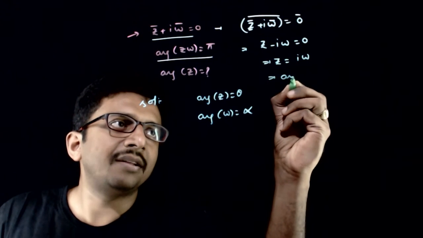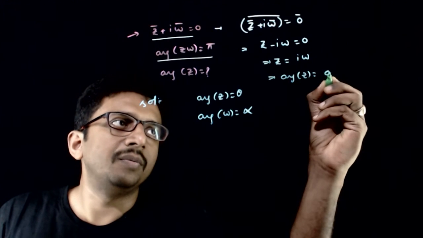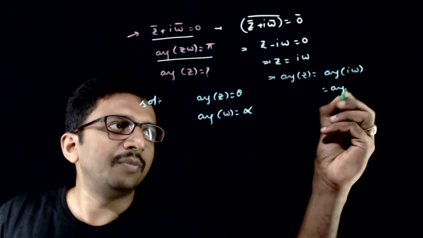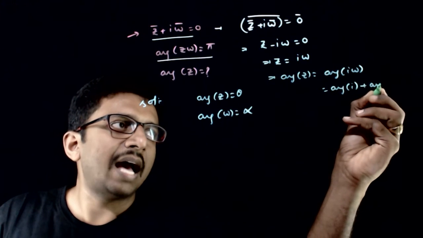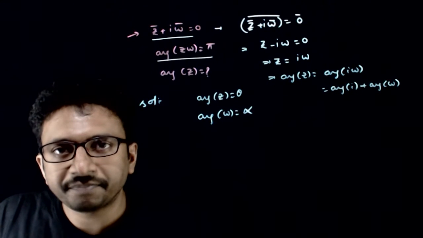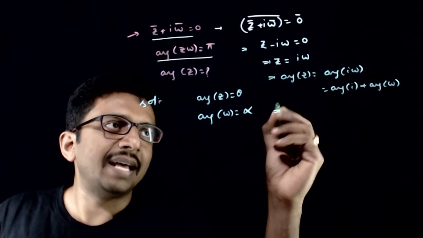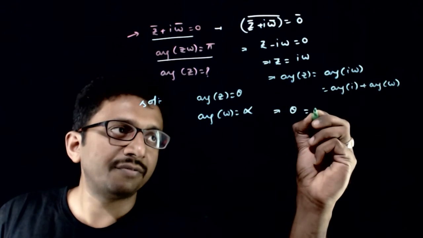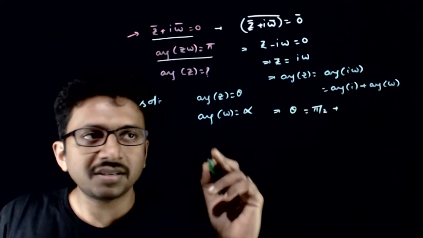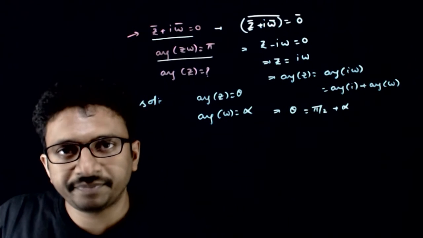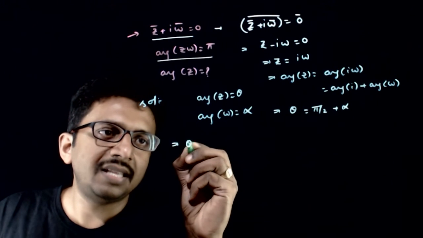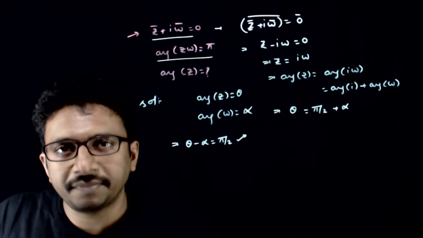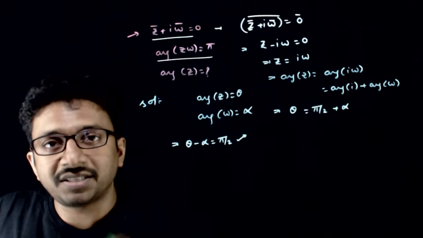This implies argument of z is equal to argument of i omega, that is equal to argument of i plus argument of omega. This implies argument of z, which I assume as theta, is equal to argument of i, which is nothing but pi by 2, plus argument of omega, which is alpha. So theta minus alpha is equal to pi by 2. This is one equation that is obtained from the first information.